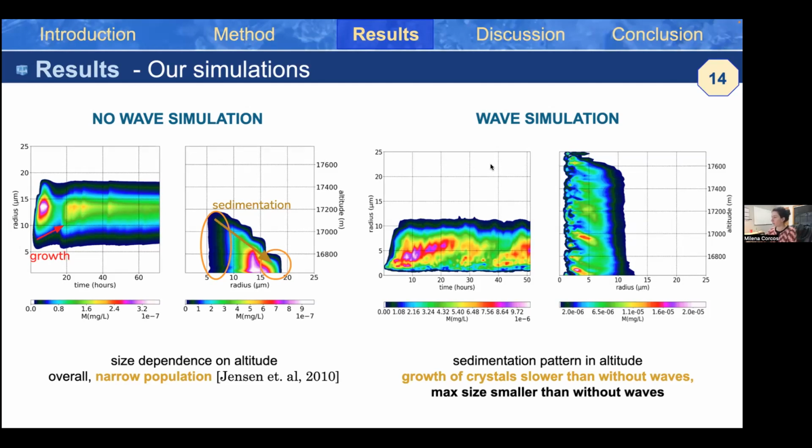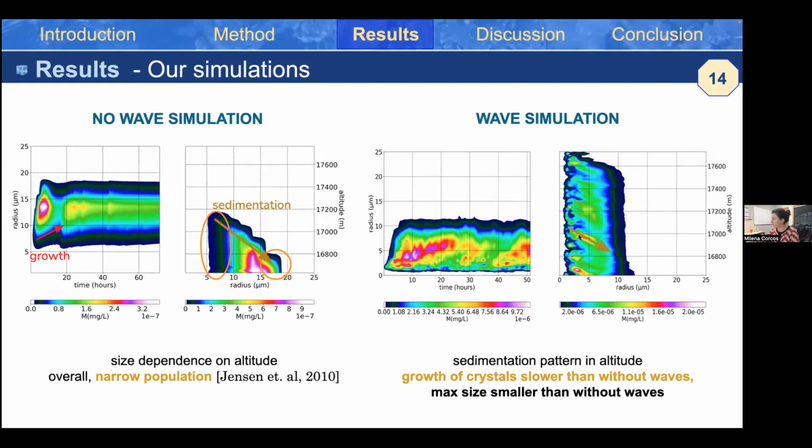Then, when we add the waves, when we look at the figure with respect to altitude on the right, we can see that we don't see a dependence of the size with altitude anymore. The main pattern on the figure is now the sedimentation of the crystals, how they're falling and growing at the same time.